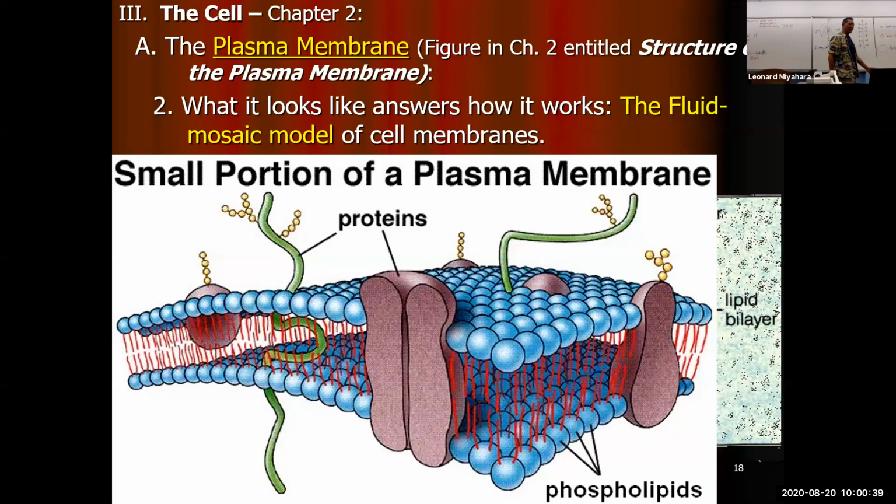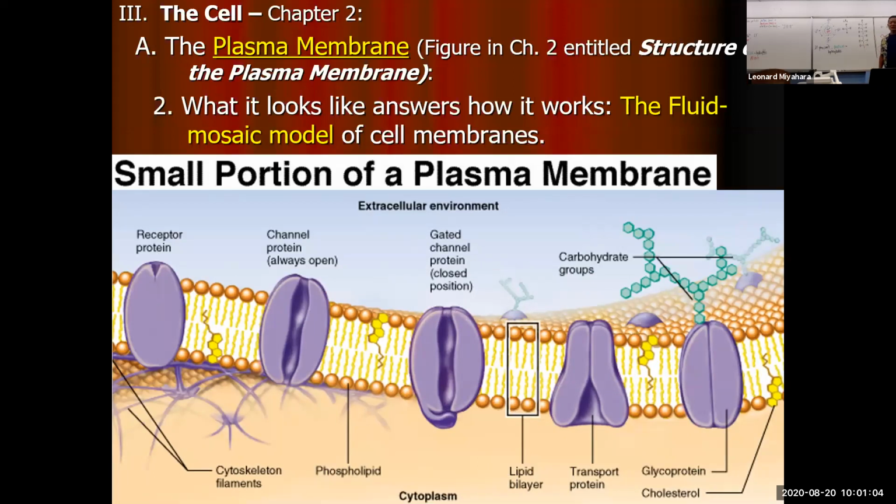In this picture from the internet, the polar heads are the blues, and the hydrophobic tails are the reds, pointing in on each other. It's a double layer. Everybody see that? Phospholipid bilayer has the consistency of salad dressing.